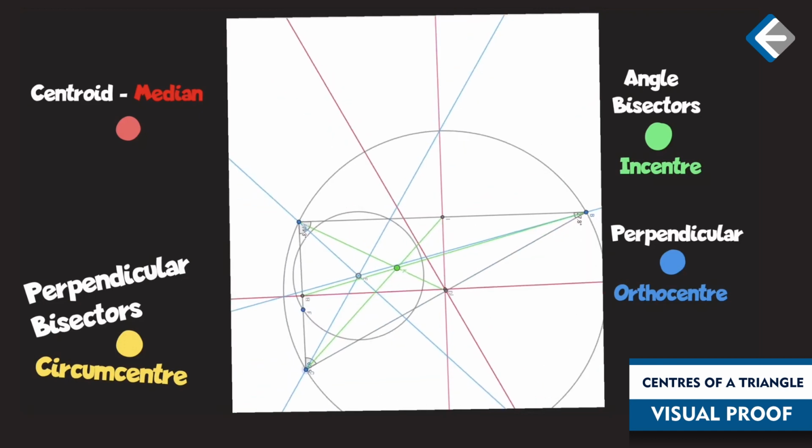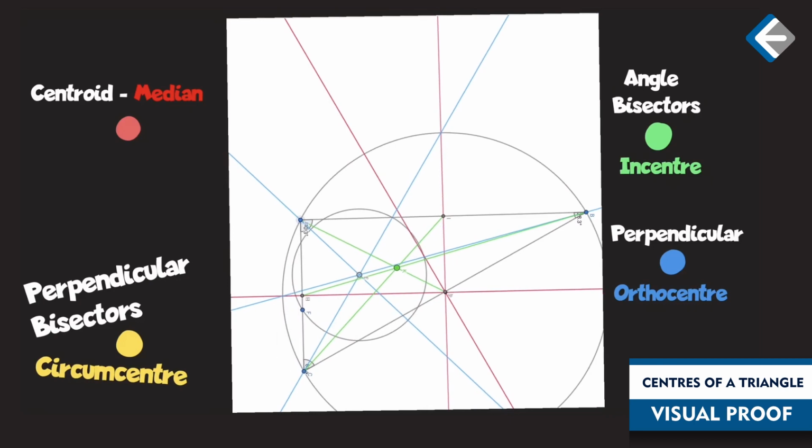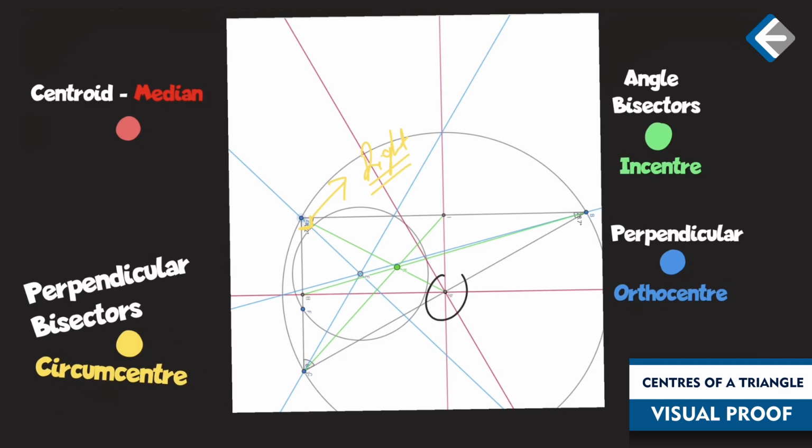What if I make a right angle triangle? Let's try and see what properties are associated with the centers of a right angle triangle. Can I prove it here visually? So let's see, I make a right angle triangle. One of the angles is 90 degrees, quite visible to us. The side opposite to that is the hypotenuse. The midpoint of the hypotenuse is my circumcenter.